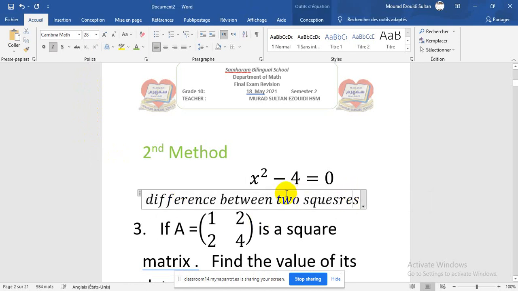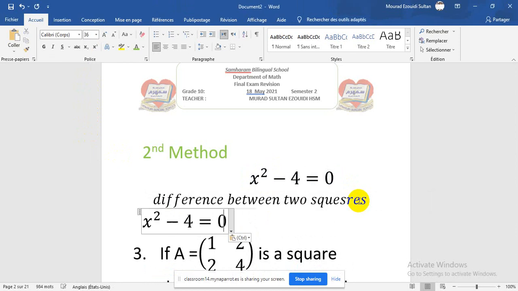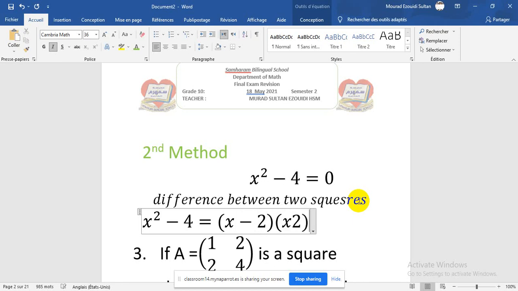So this can be written as x minus 2 multiplied by x plus 2. Clear? Should be equal to 0, meaning that the first factor equals 0 or the second equals 0.